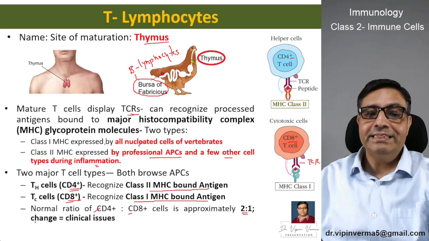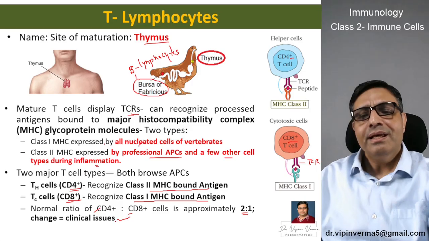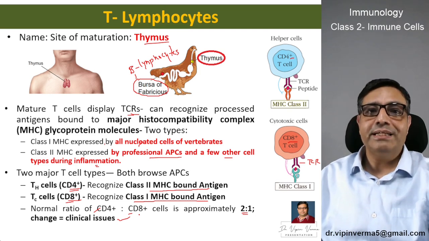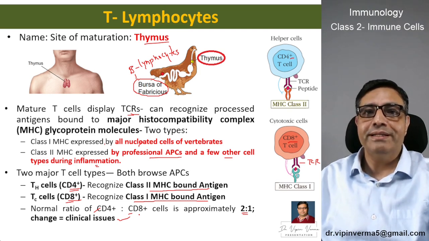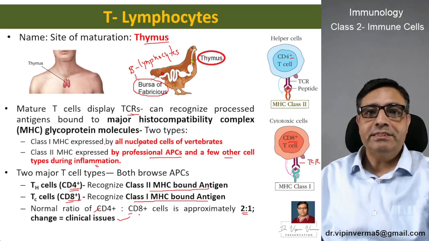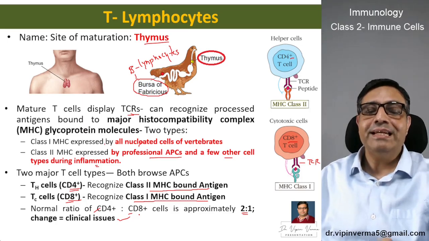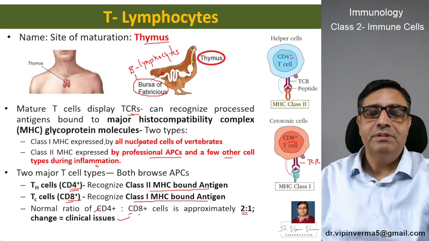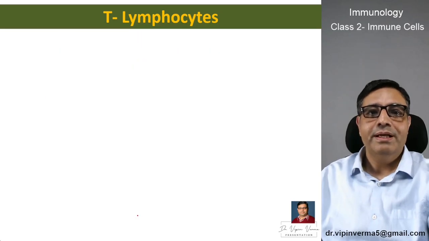But whenever there is a change, it also shows a clinical issue. One example is HIV. Because HIV targets the T helper cells and reduces their number, the ratio is disturbed and the TC cells increase in the system, and that gives a picture of an HIV infection. Okay.